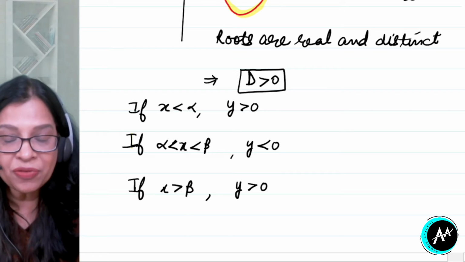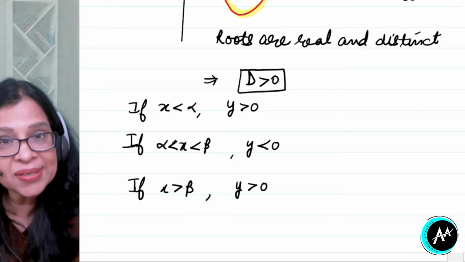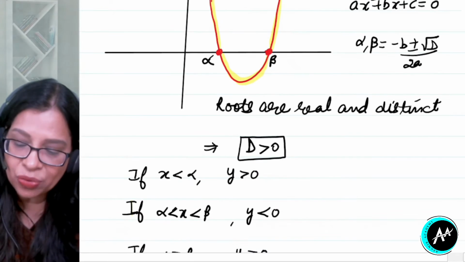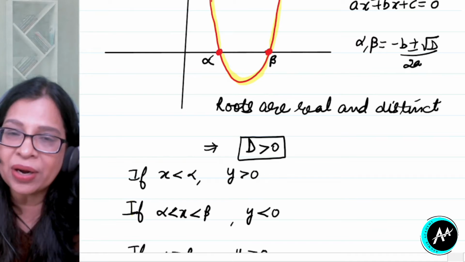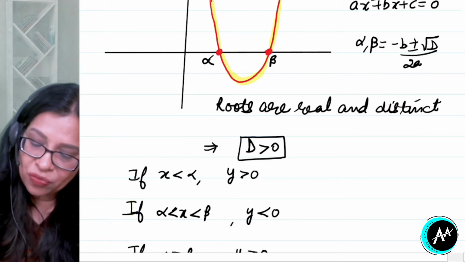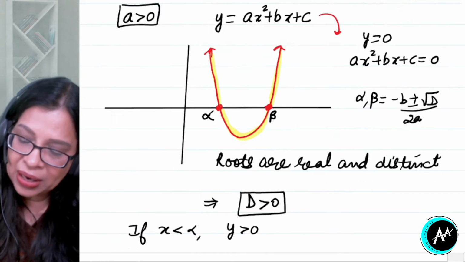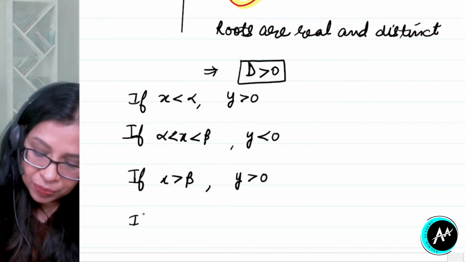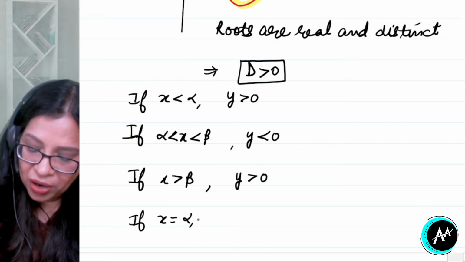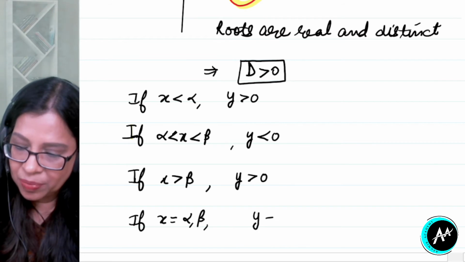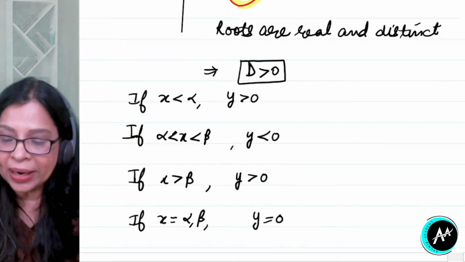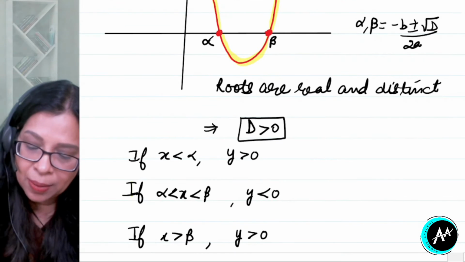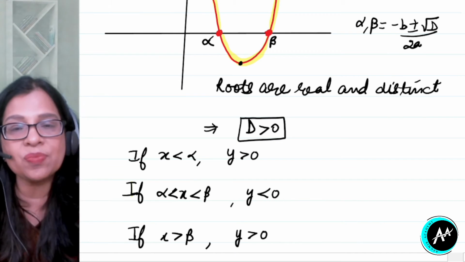Alright. And if y is equal to 0, when is y 0? When x is alpha, beta, as you can see from the graph. These are the points where graphs intersect x-axis. So we can say that when I have x equal to alpha, beta, then y will be equal to 0. Got it? And in this case parabola is opening upward, so this will be the vertex, right?